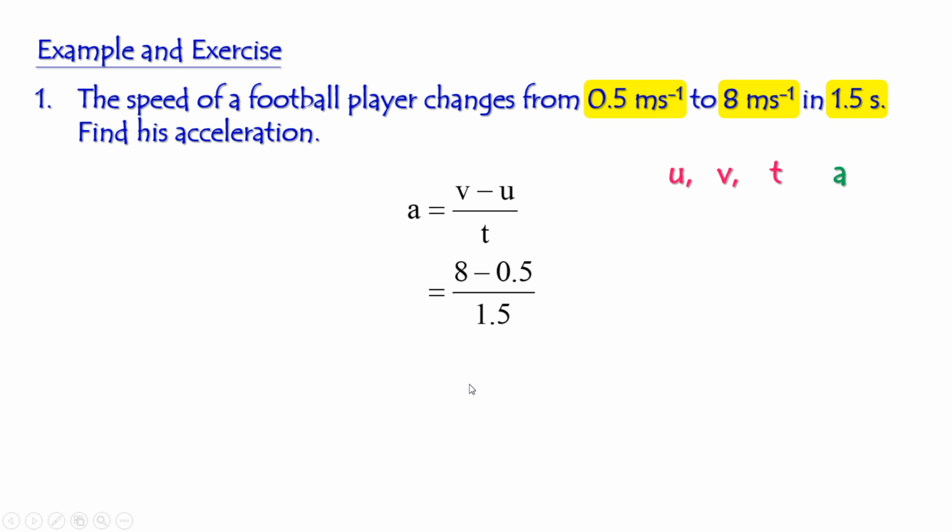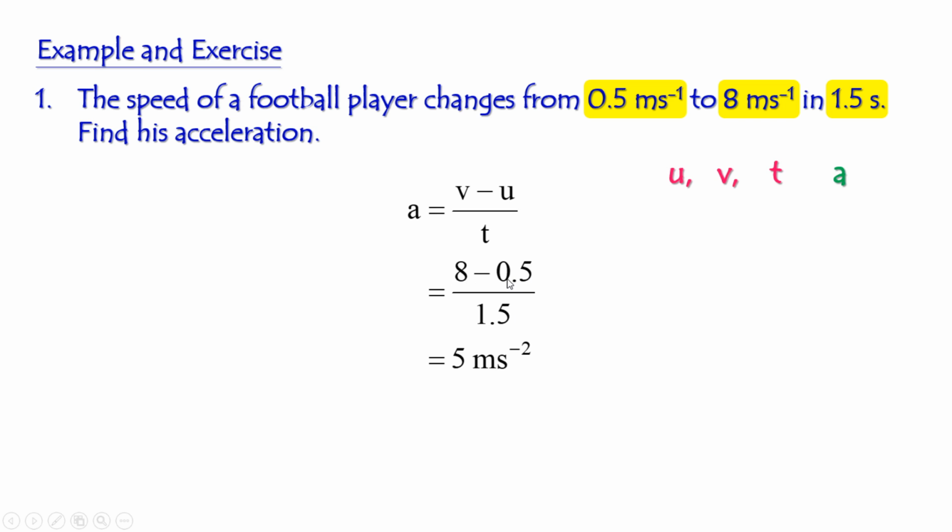equal to 5. And what is the unit for acceleration? You can check with your exercise. Good, it is equal to meter per second square. Or you can refer to the equation.